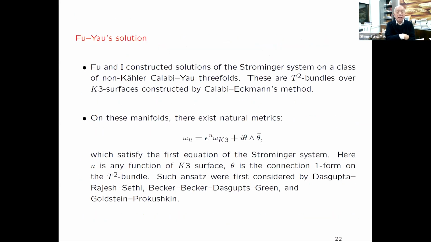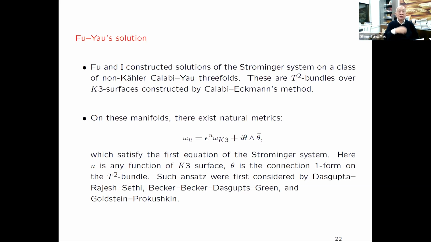Then around 18 years ago, around 2004, I think, Fu Jixiang from Fudan and I constructed solutions of the Strominger system on a class of non-Kähler Calabi-Yau threefolds. These are the so-called Calabi-Eckmann manifolds. They are T2 bundles, torus bundles, over a K3 surface.